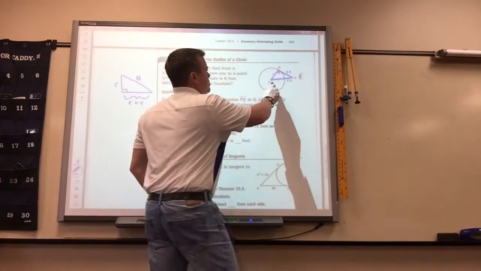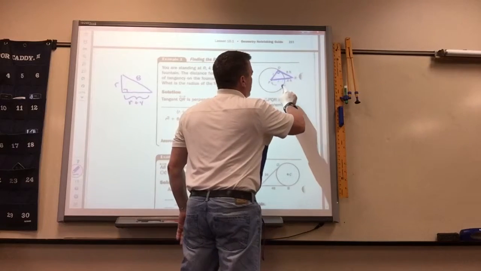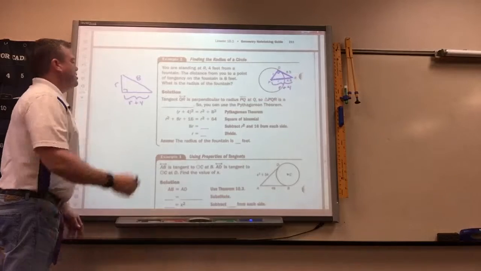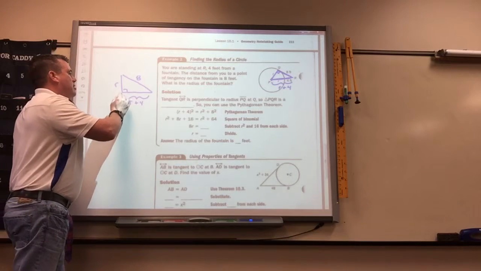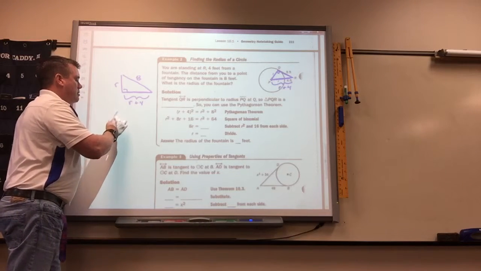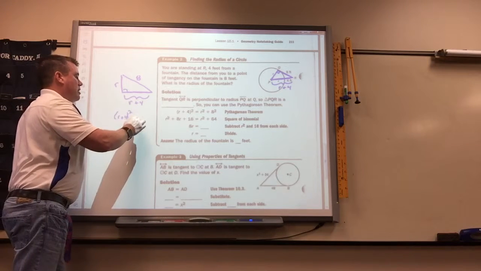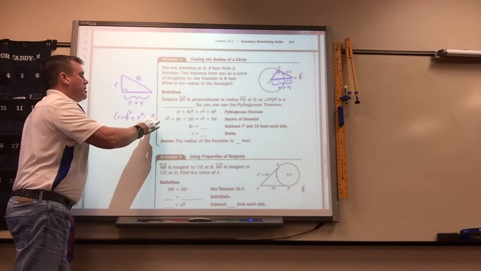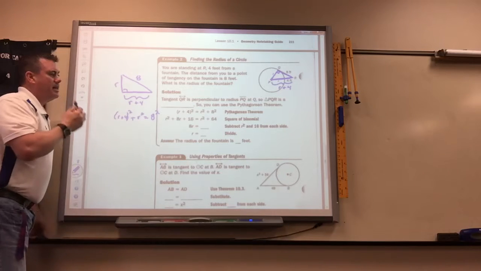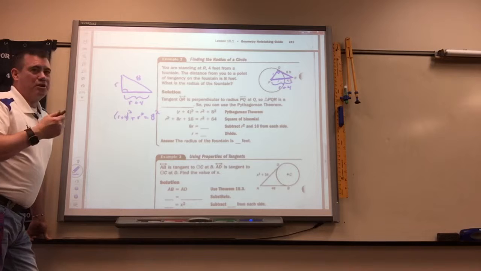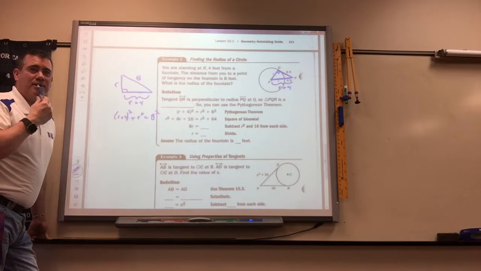Because from here to here is the radius, and then it's 4 more feet, so that is R plus 4. So, since it's a right triangle, we know that the leg squared plus the other leg squared equals the hypotenuse squared.